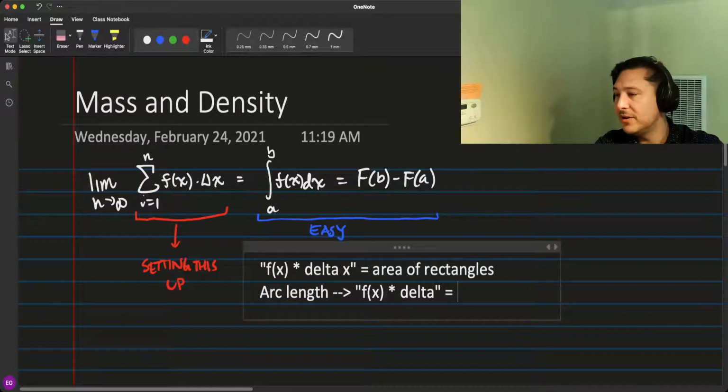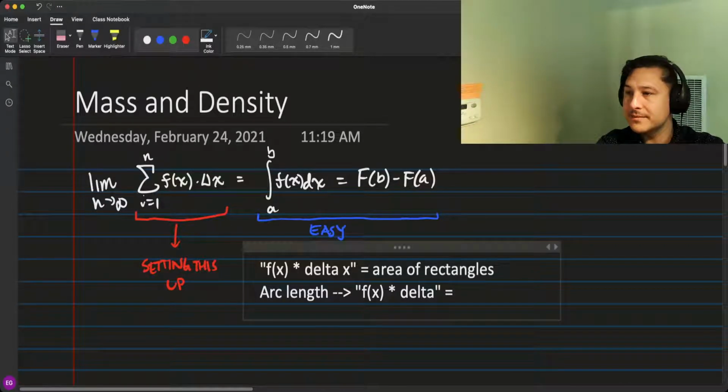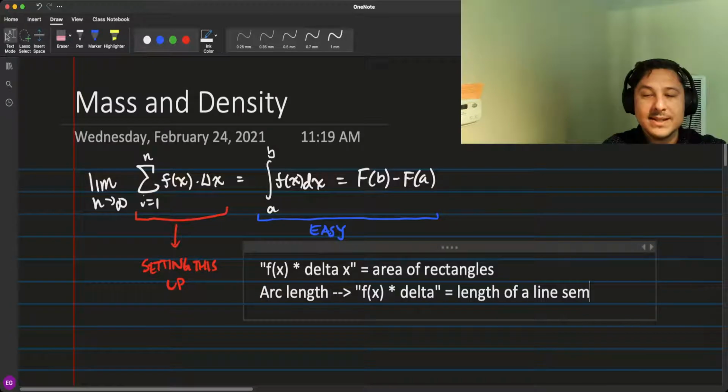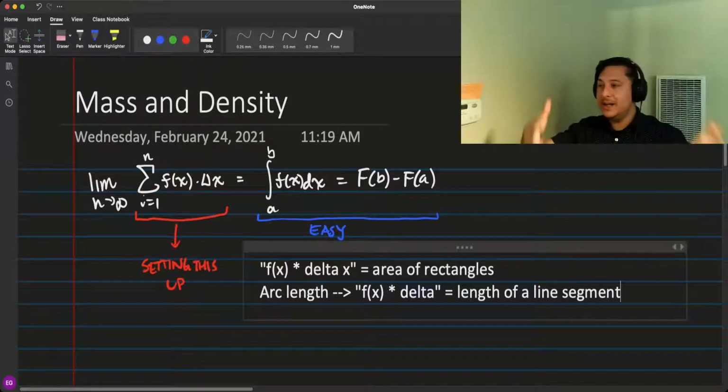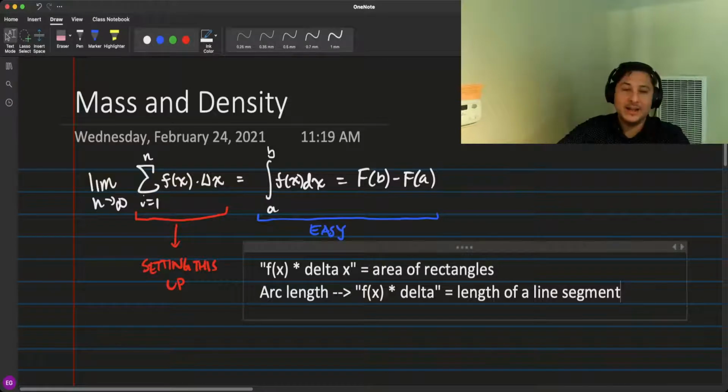What is it that we approximated when we were trying to calculate arc length? Yeah, the length of a line segment. Notice, we ended up just taking the limit of your sigma, your sum, but the meaning of what you were adding together was different.